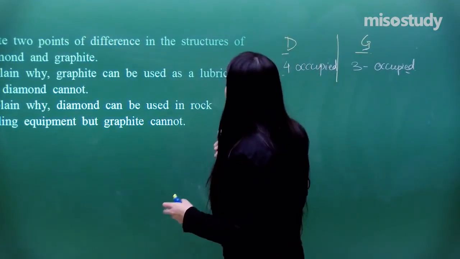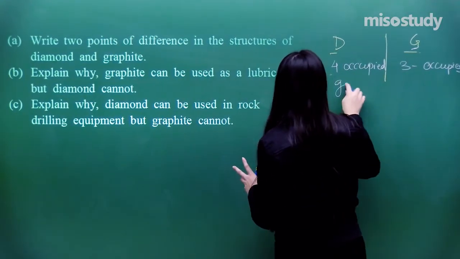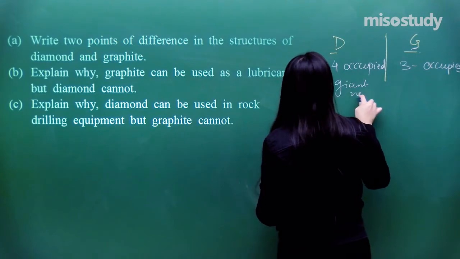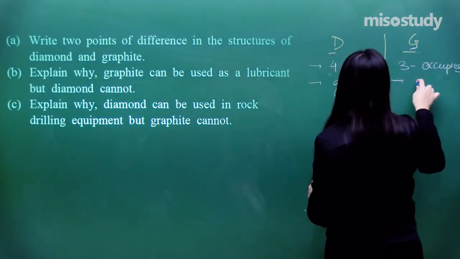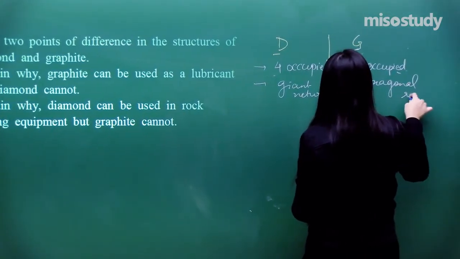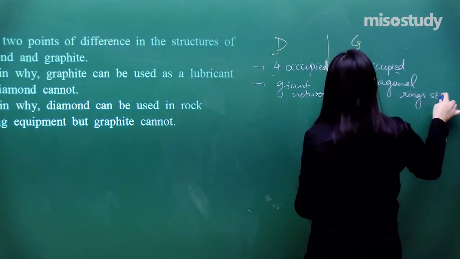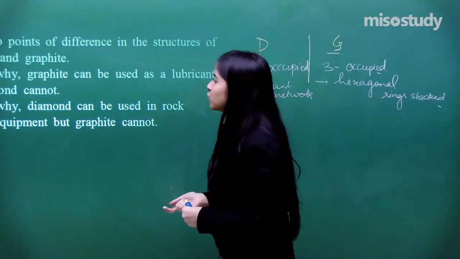Now the next point in the structure: diamond is a giant network of covalent bonds, whereas in graphite there are hexagonal rings stacked. Cool? So these are 2 points.